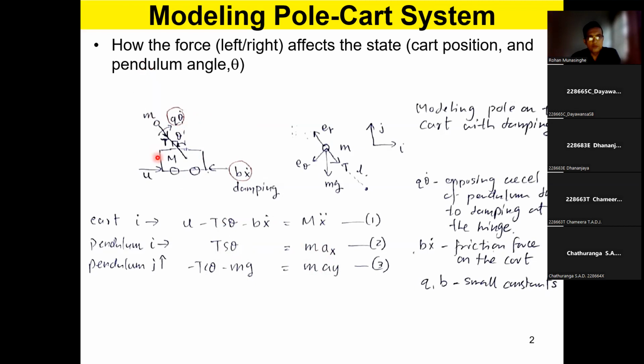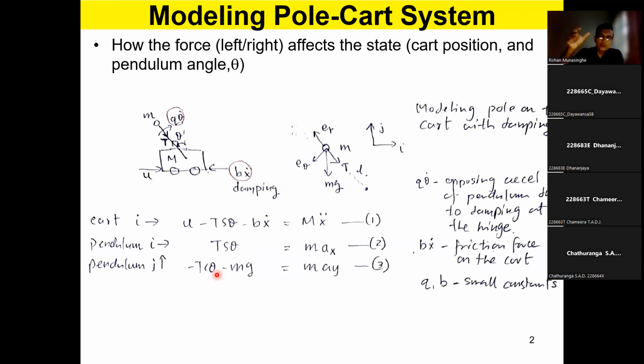Now, if you write down the equation of motion vertically for the pendulum, you will see again tension coming in, but it's acting vertically downward now. So it is minus T cos theta.